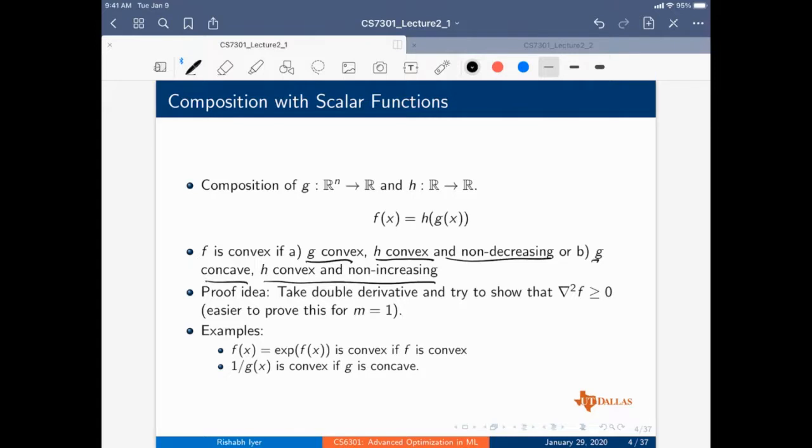It could be the case that under certain special cases you do not require h to be, for example, convex and non-decreasing, and this will still be convex. But this is not true in general.